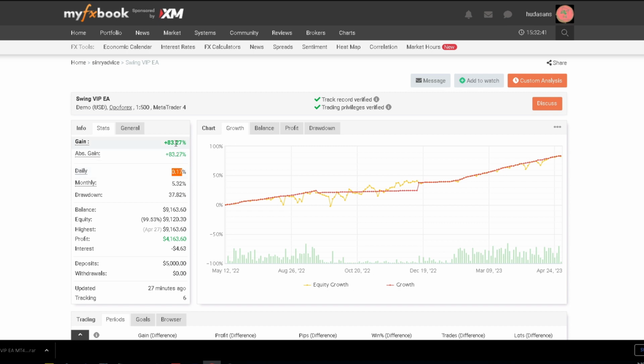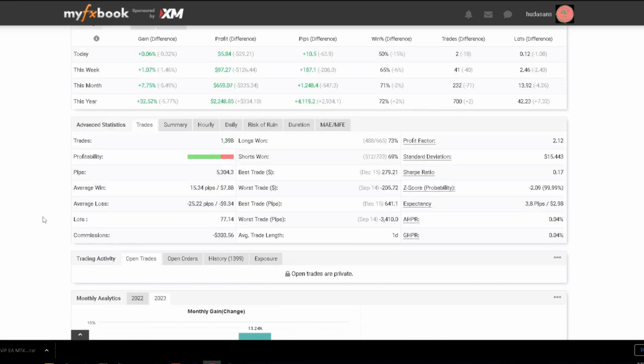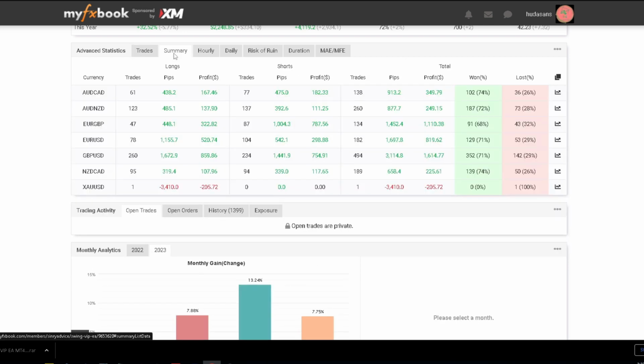And the total profit earned is 83.27%. Advanced statistical information. Average trading up to 1 day, with a profit factor of 2.12. This is the result of trading using 7 pairs. Trading runs 24 hours using this EA.